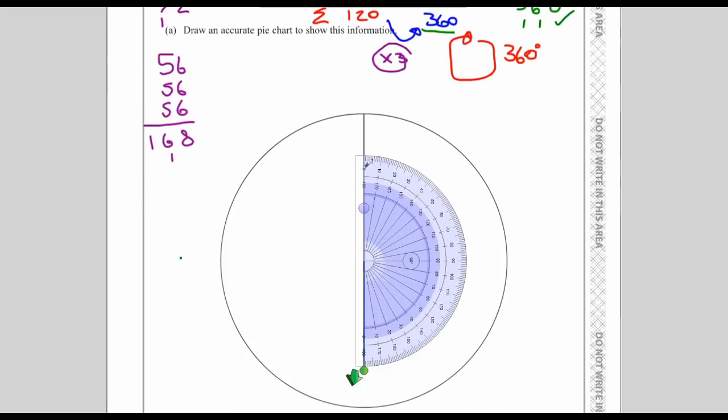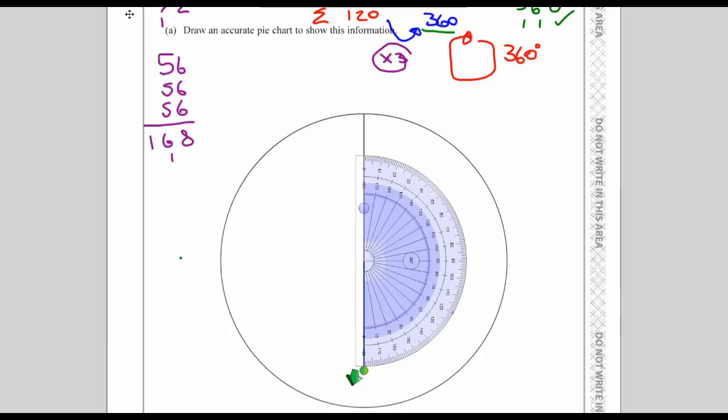You always have to start on 0, see this 0 here, and count around the edge. Say you went to this 120, you've gone wrong, because that means you started at 180 here. So around the edge, all the way to 120, and you'd put a mark at 120.